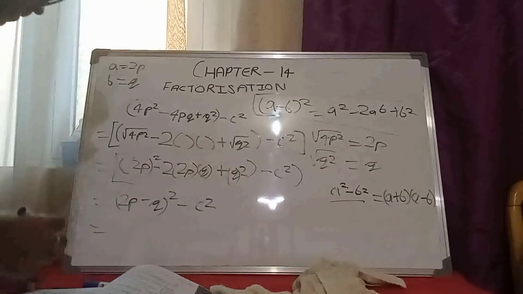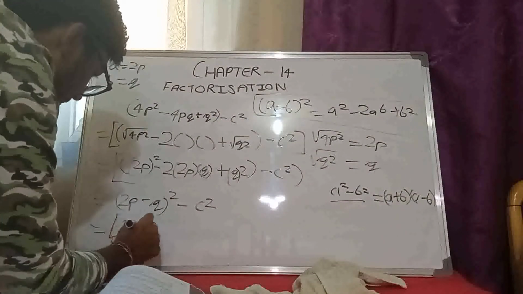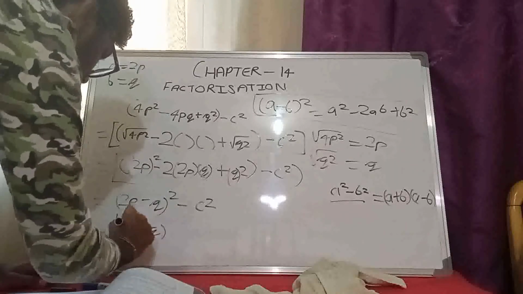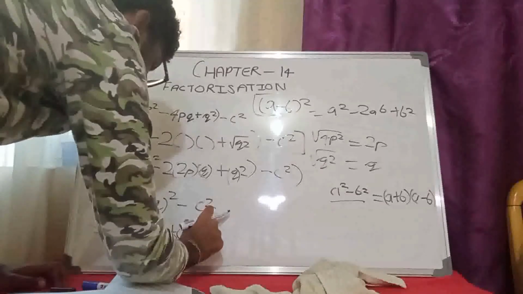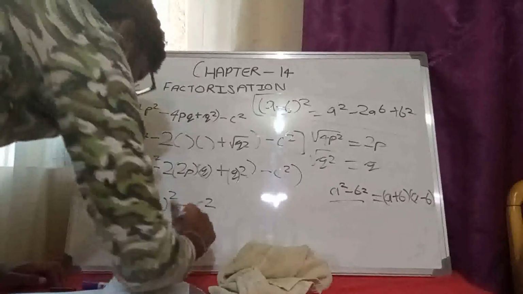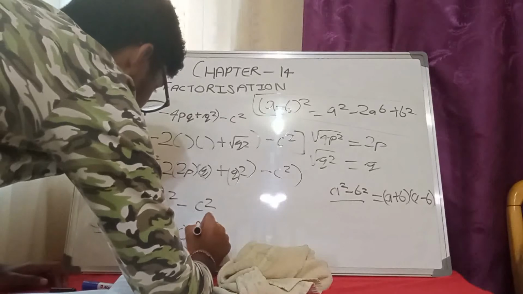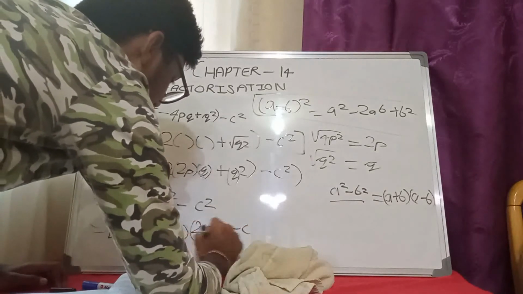So the answer will be 2p minus q plus c into 2p minus q minus c.